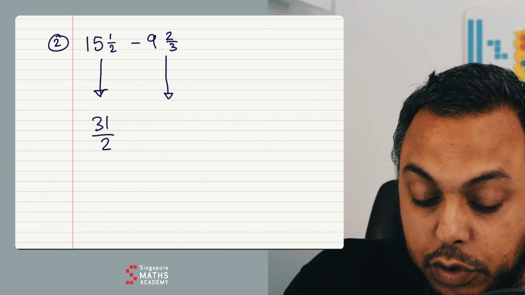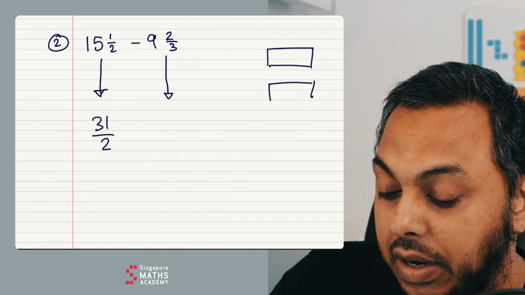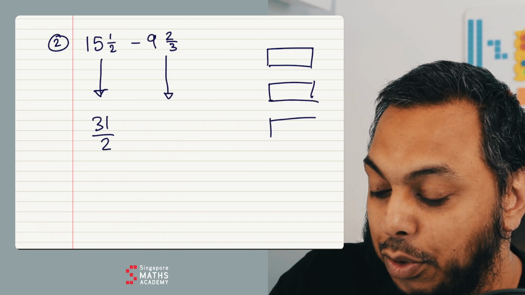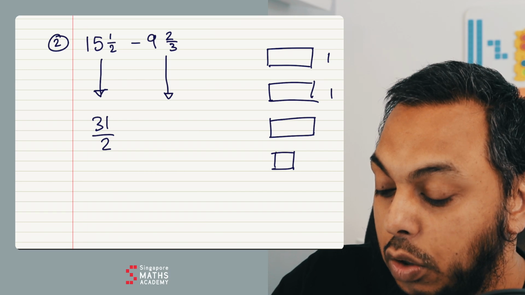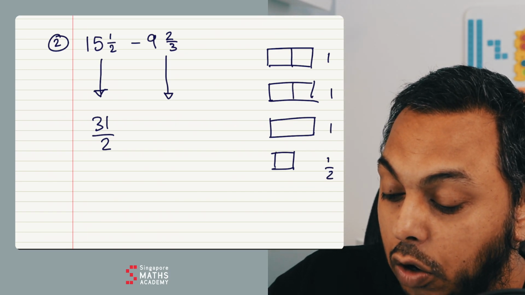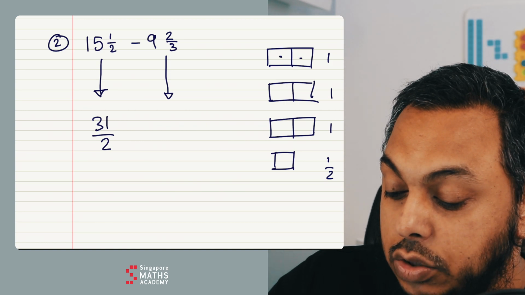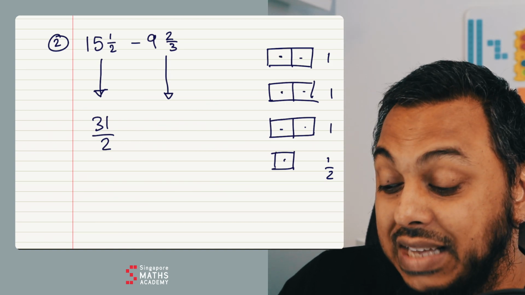If you're not sure what I did there, if we think about the number 3.5, right? I can't draw 15 and a half, but I can do 3.5. That's 1 whole, 2 wholes, 3 wholes, and a half. If we split the wholes into halves, I've got 1, 2, 3, 4, 5, 6 halves, and the extra half makes 7 halves.